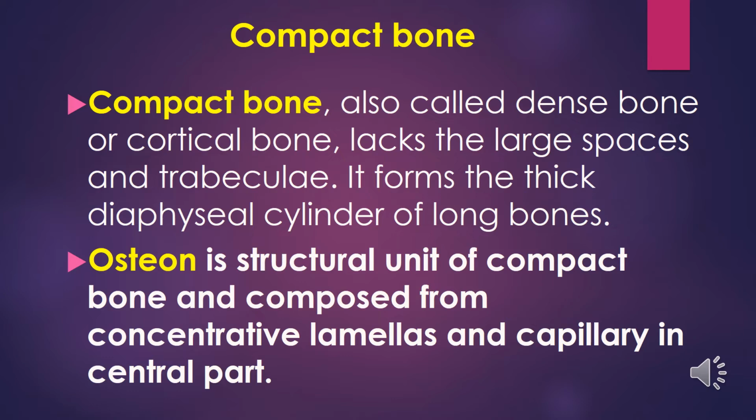Osteon is a structural unit of compact bone and is composed of lamellae. In lamella present collagen fibers which lie in parallel layer forms, and between lamellae lie osteocytes. In central part of osteon present cavity, and in it present capillary. The cavity has the name Haversian cavity or Haversian canal, and the capillary in the central part provides nutrition material to bones.